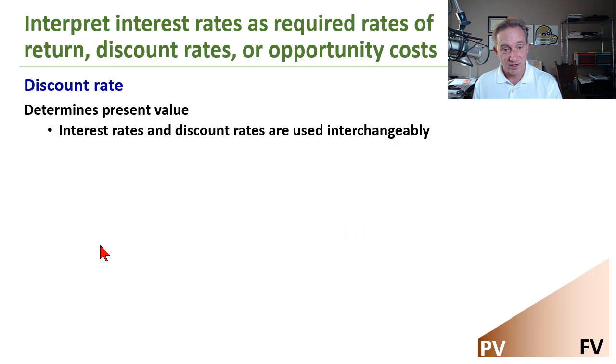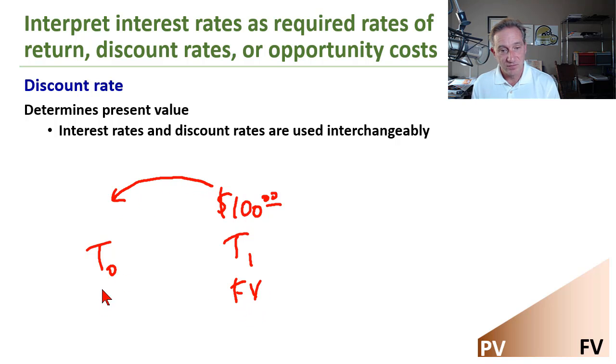If we think of ourselves standing here at time 0, and we either know or expect that we're going to receive $100, let's say in 1 year, it's very common for us to use an interest rate as the discount rate to translate that future value into the present value. The higher that discount rate, the lower that present value today. The lower that discount rate, the higher the present value today.